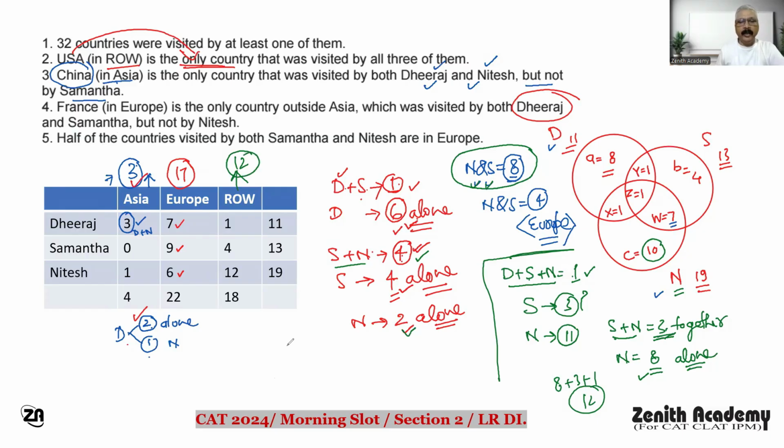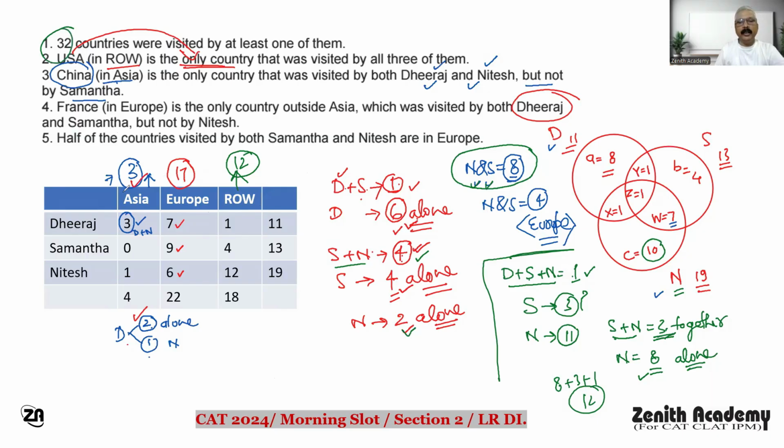So now if I take 3 plus 17, 20, and 20 plus 12, 32. Is it okay? 3 plus 17, 20, 20 plus 12, 32. So the total countries, 32.